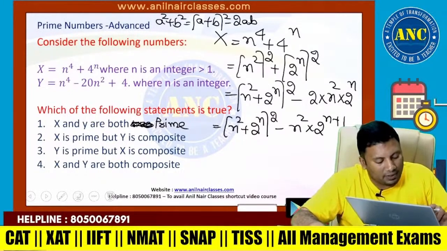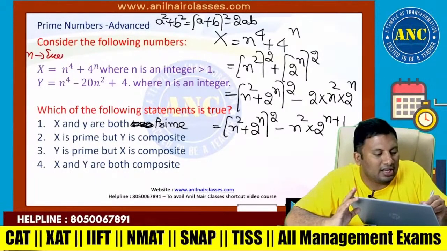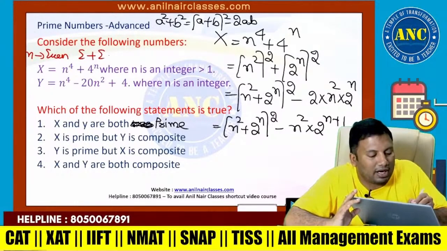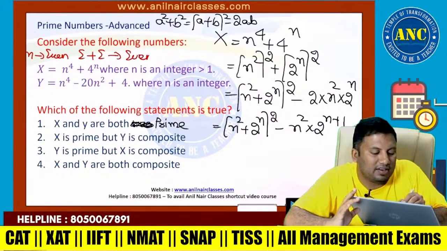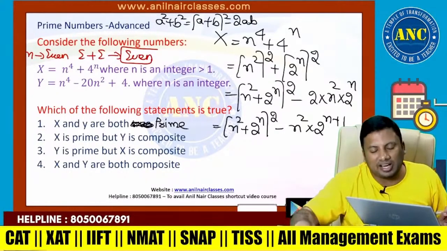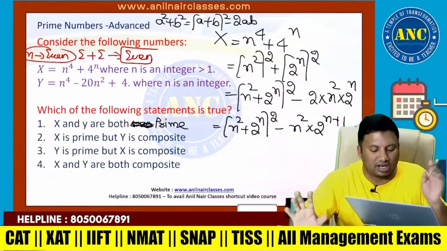If n is an even number, even power of any number is even, and even plus even is even. The right hand side is an even number. Other than 2, all the prime numbers are odd. So n even is not possible.